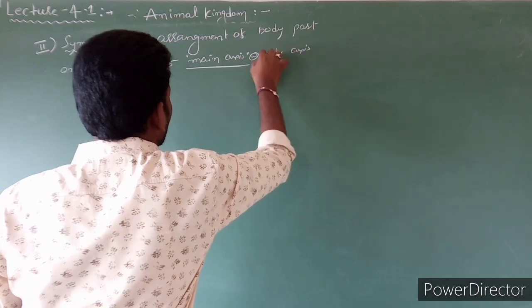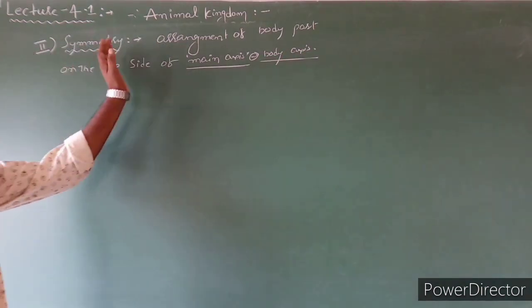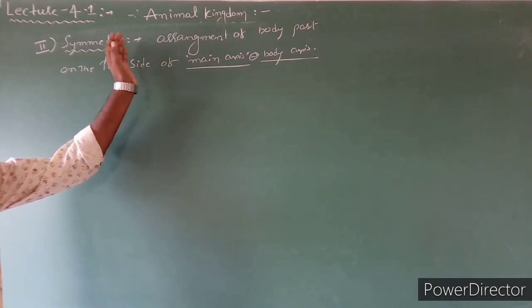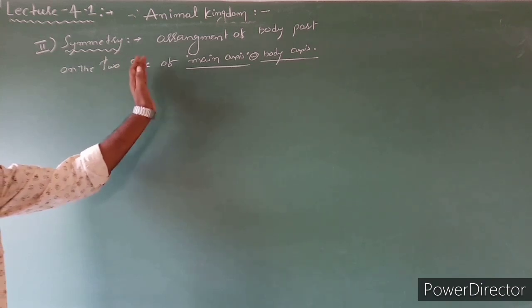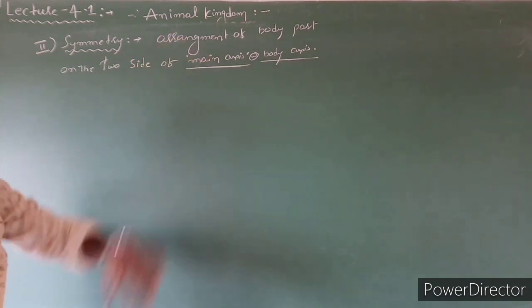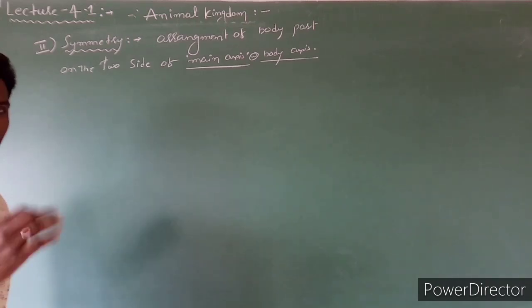The definition of symmetry is the arrangement of body parts on two sides of the main axis or body axis. Clear? We can also call it the center of axis.